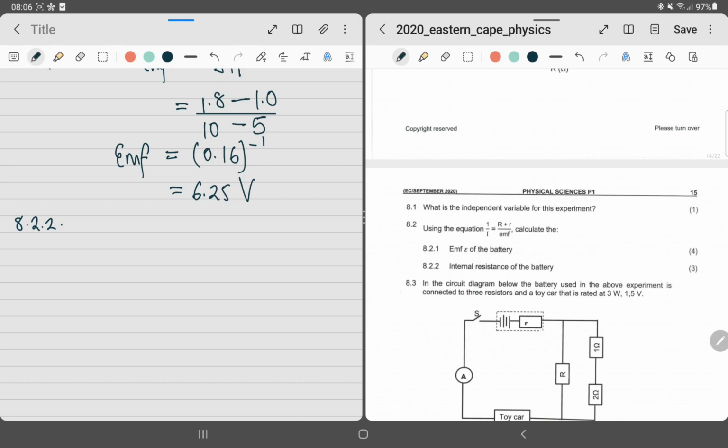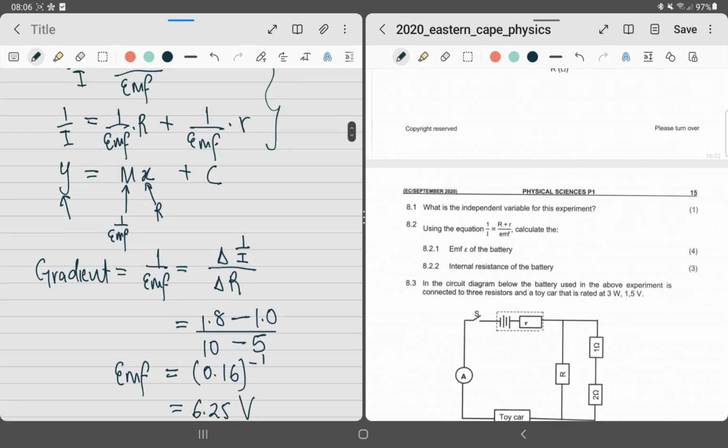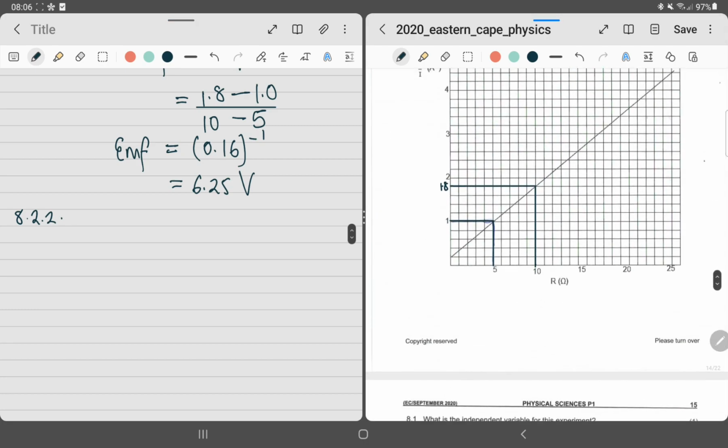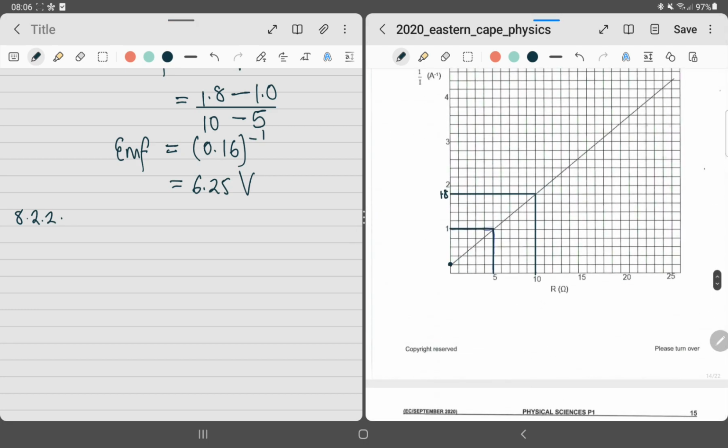The internal resistance of the battery. You remember we said the y-intercept should be equal to this whole thing. Right here, we do have the y-intercept at that point, and that is 0.2.